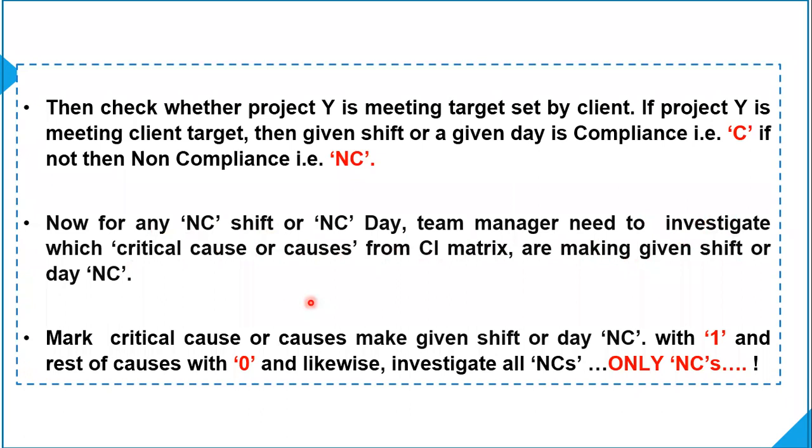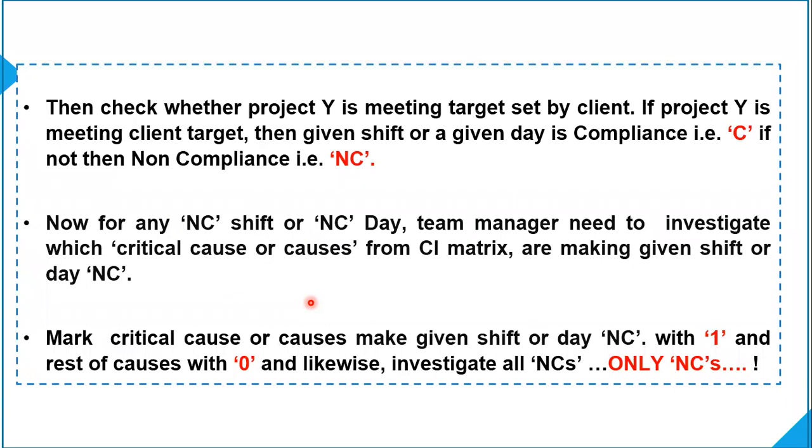So imagine a given shift is an NC shift, right? There, if you could recall, we had causes listed horizontally. All that the supervisor or assistant manager needs to do is check or investigate which of the causes is influencing the given shift, so that the given shift's processing time is beyond the client's target.